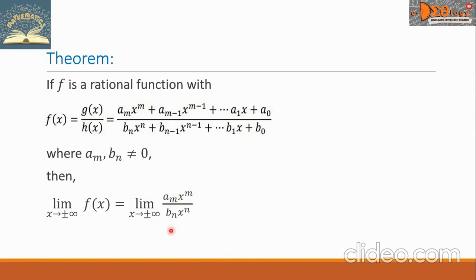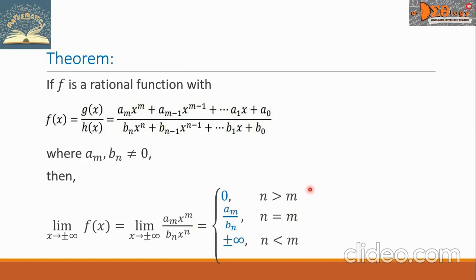Now, we can simplify further our limit here, and we have three possibilities. This limit is equal to 0 if n is greater than m. Take note that this n is the highest power in the denominator, and this m is the highest power in the numerator.